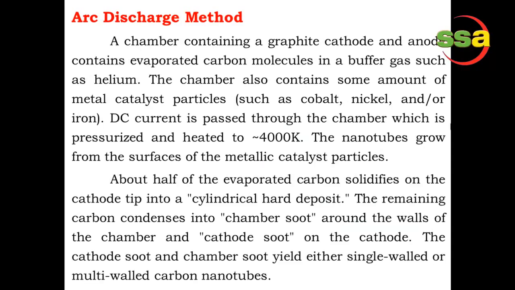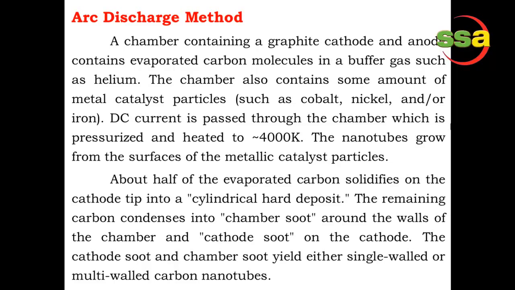Now let us see the complete description of the arc discharge method. A chamber containing a graphite cathode and anode contains evaporated carbon molecules in a buffer gas such as helium. The chamber also contains some amount of metal catalyst particles such as cobalt, nickel or even iron. A DC current is passed through the chamber, which is pressurized and heated up to 4000 Kelvin.